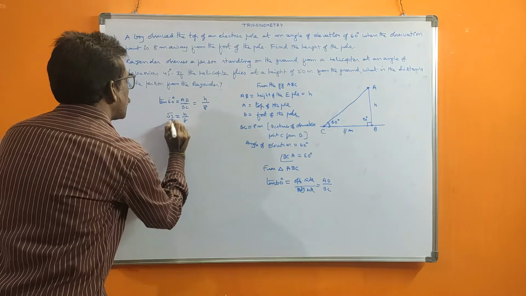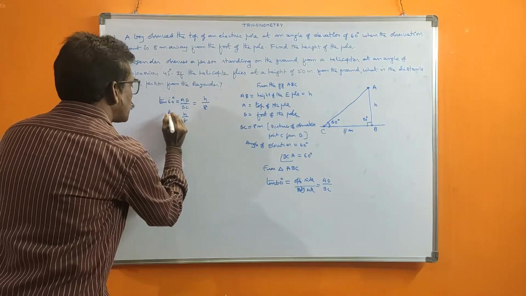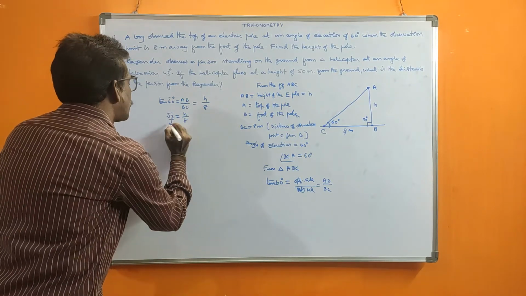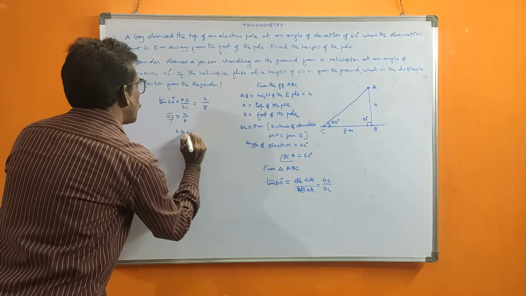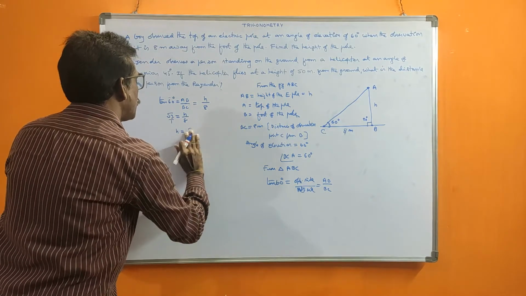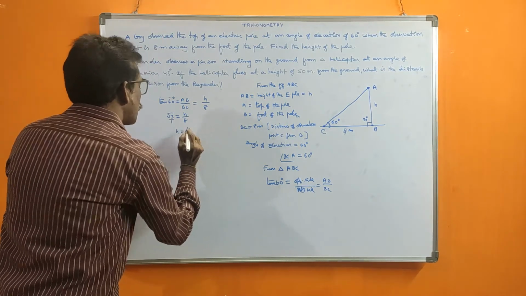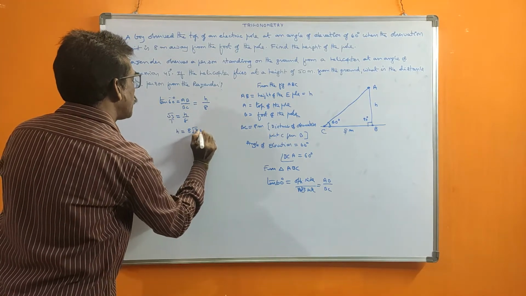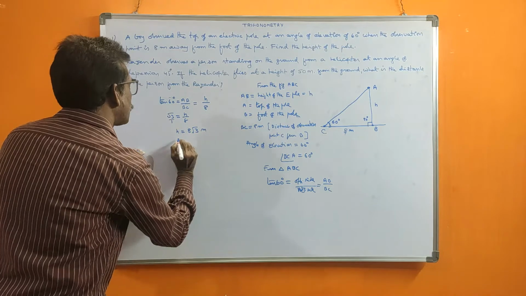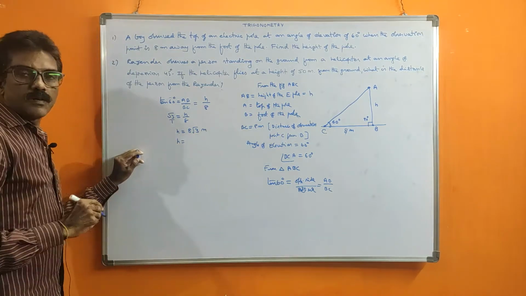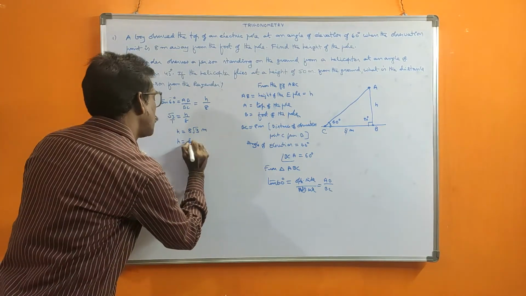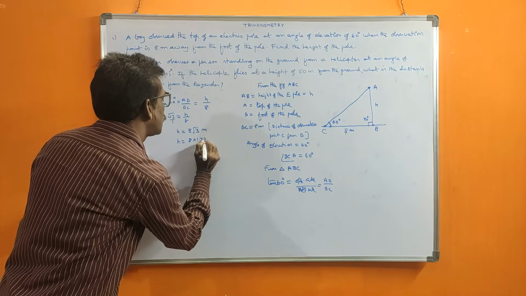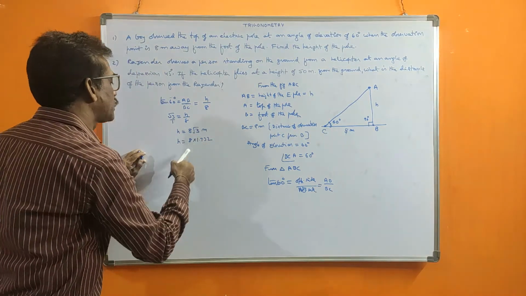By cross multiplication, you multiply the variable side first, as I told. So H into 1 is H only. This you multiply: root 3 into 8 gives 8 root 3. Write the ordinary number first, then the root number. 8 root 3 meters. If you want it exactly, it is 8 into 1.732, since the root 3 value is 1.732.